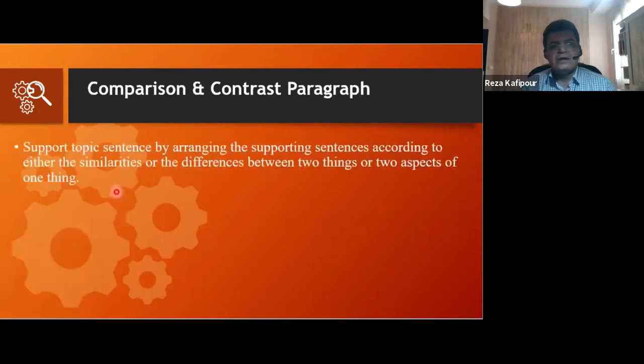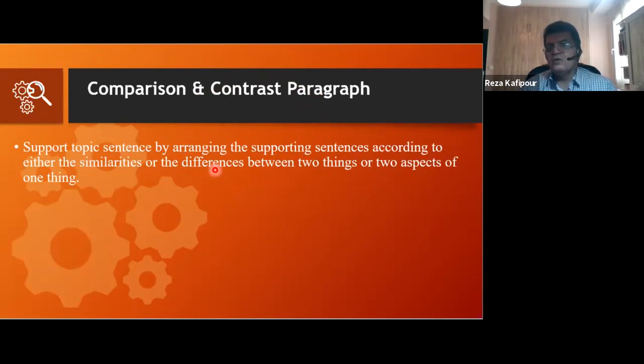So as you see here, when we say comparison and contrast paragraph, it means that we are going to support the topic sentence by arranging the supporting sentences according to either the similarities or differences between two things or two aspects of one thing.